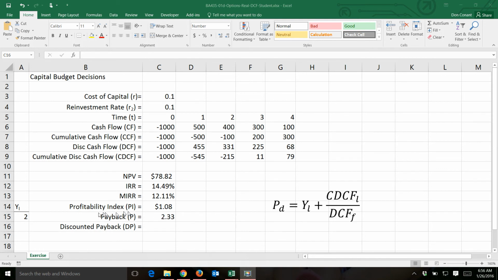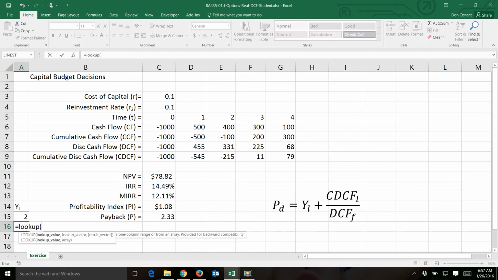So we need to go back and calculate. We could use this, but we'll go ahead and calculate this. In this case, they both finish in year 2, but in other instances, they may finish in different years. So we'll do equals lookup. We're going to look up 0, again, to find the last year in which we have negative cash flows.